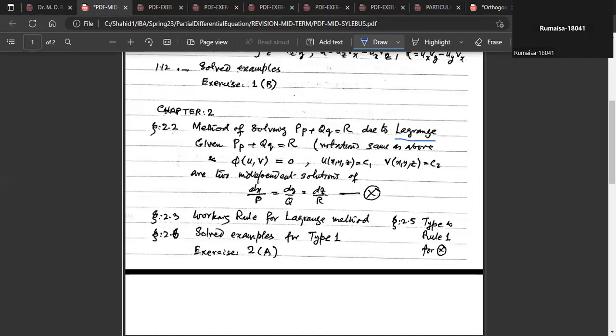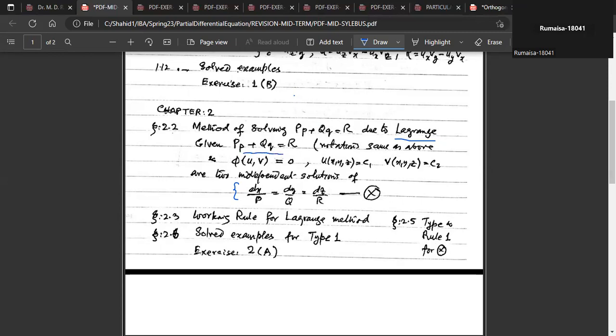And we have already introduced these notations, and we proved somewhere that we can obtain independent solutions from this equation by making some auxiliary equations. So how to obtain auxiliary equations is one of the interesting parts of this chapter.